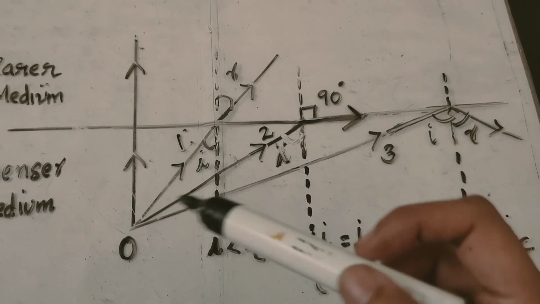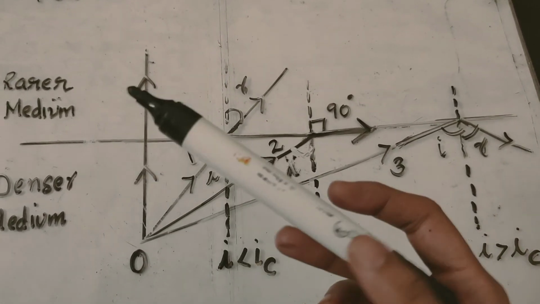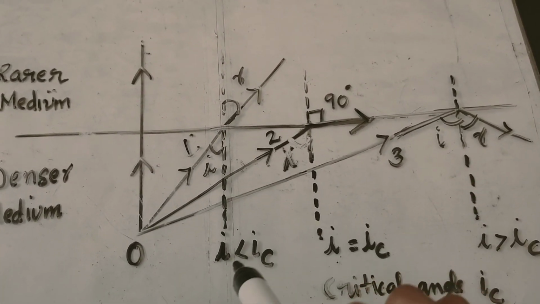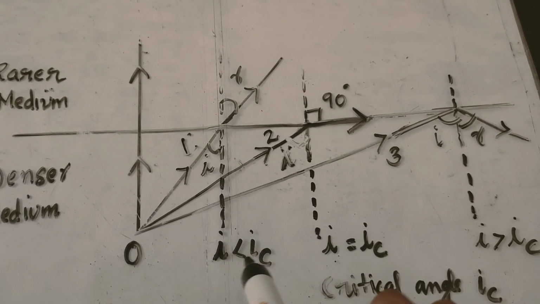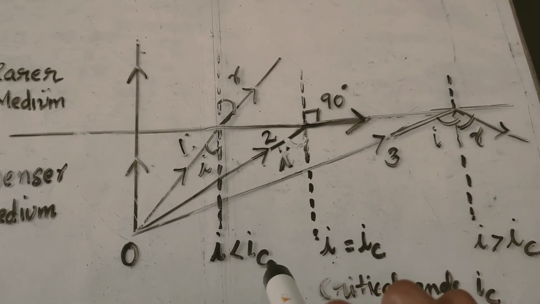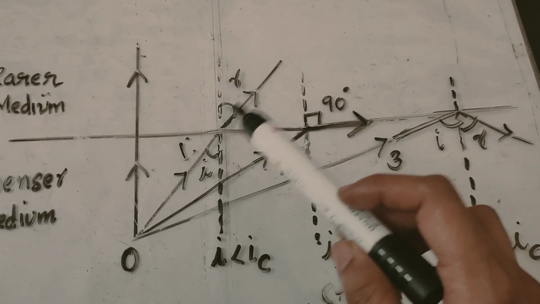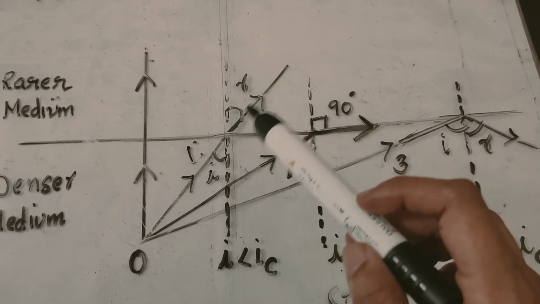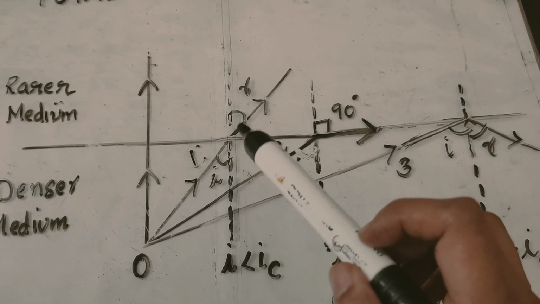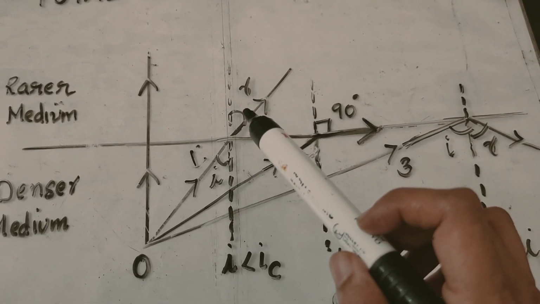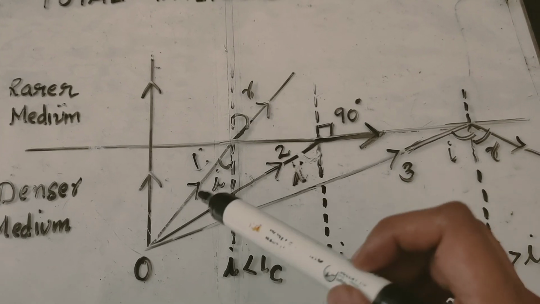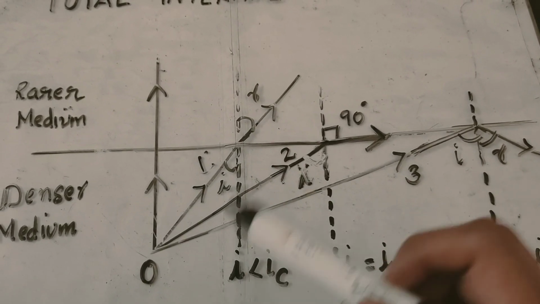So once again, light is traveling from denser medium to rarer medium. Consider the first case. Here, the angle of incidence is less than the critical angle, so we can see that there is a reflection of light, and here the angle of incidence is i, r is the angle of refraction. The angle of refraction is greater than the angle of incidence.